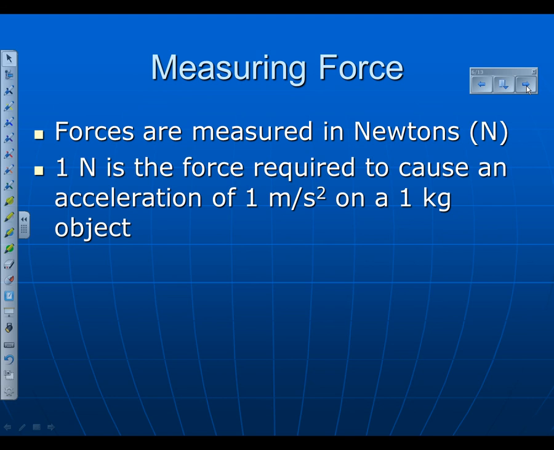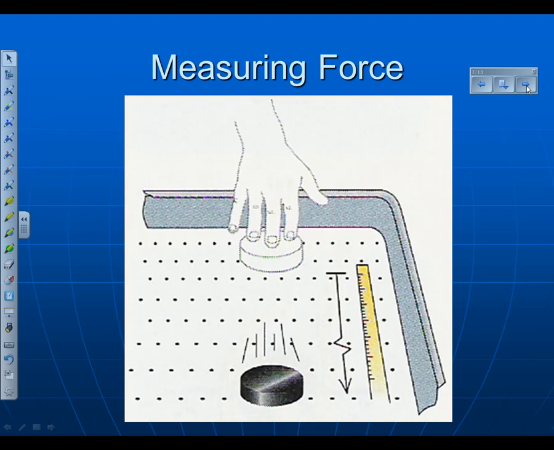So 1 Newton is the force required to cause an acceleration of 1 meter per second squared on a 1 kilogram object. Let's take a look at this hockey puck, and let's say, for argument's sake, that it has a mass of 1 kilogram. Hockey pucks don't really have a mass of 1 kilogram, but let's say it does.